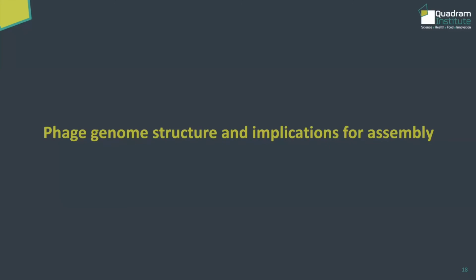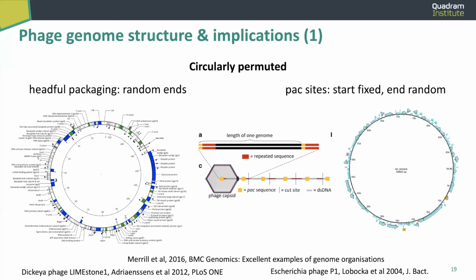I'm coming back to phage genomic diversity and phage genome structure and what the implications are for assembly. We're now talking only about double-stranded DNA tailed phages, and they come in multiple different genome structures.